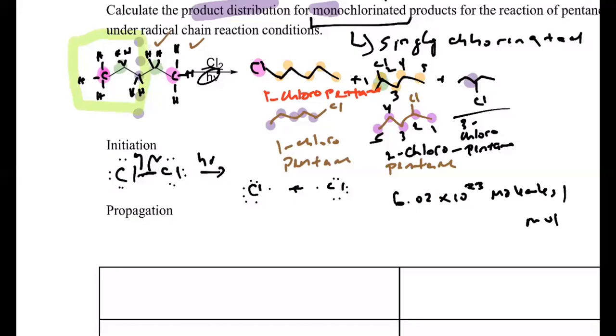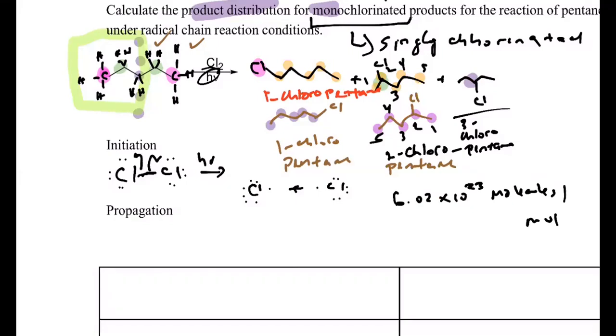So don't worry about running out of chlorine. When we have to do all these propagation steps and termination, you will not run out of chlorine. You have Avogadro's number of molecules per mole of chlorine, so don't worry about that. We're okay with that?